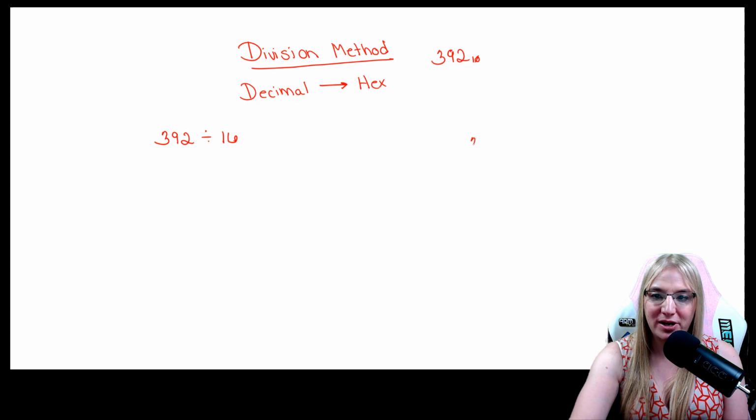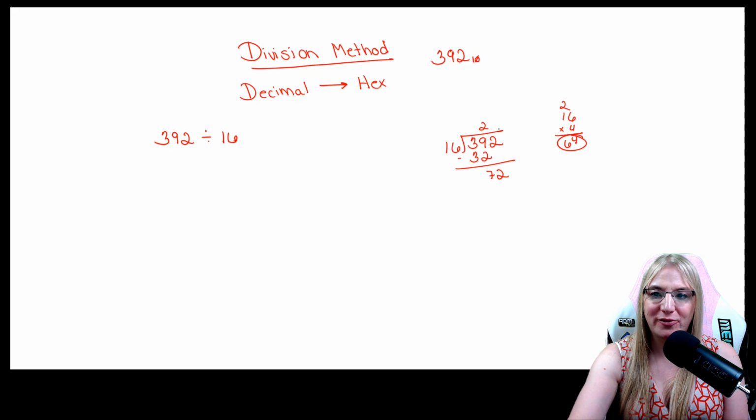So easy to remember. I'm going to do my math over here. So long division. 392 divided by 16. What is that? That's going to be 2, which is 32. Take the difference. That gives us 72. I believe this is going to be 4. Let me just double check. 16 times 4 is 64.